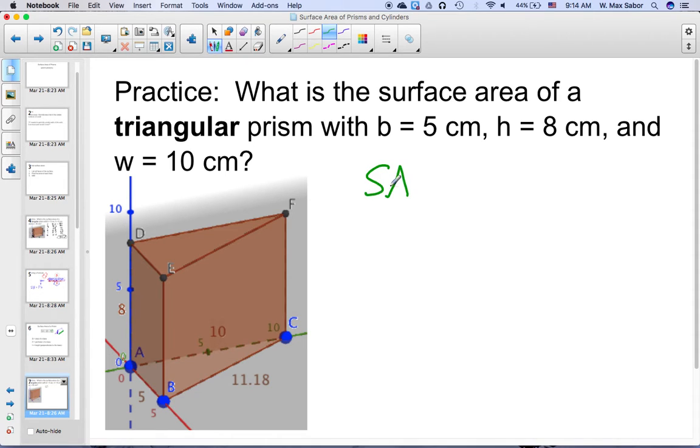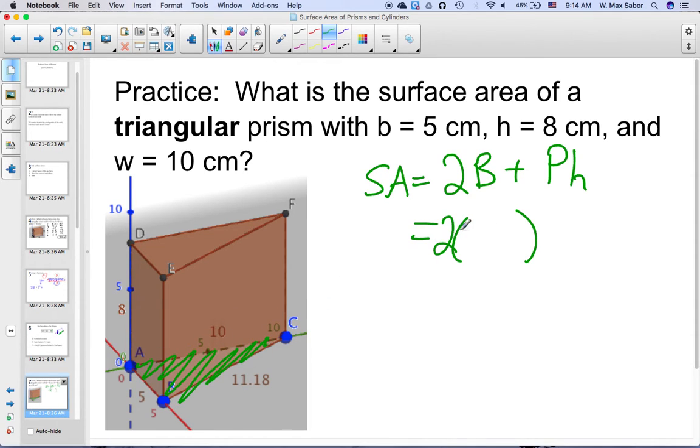The surface area is 2 times the area of the base, plus the perimeter of the base times the height. So the area of the base is a triangle, which is 1/2 base times height. Now watch out, area of the base and the base of the triangle are different. Base of the triangle is 5, the height of the triangle was 10.